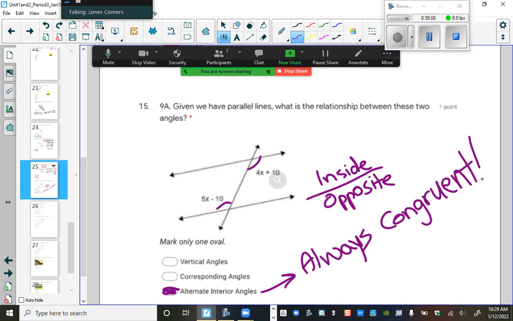Sometimes depending on the angle measure, because if it was 45 and 45, they may add up to 90. Or if it's 90 and 90, they may add up to 180. But that's sometimes. What's always with alternate interior angles, they're always, always, always congruent. That's the one.